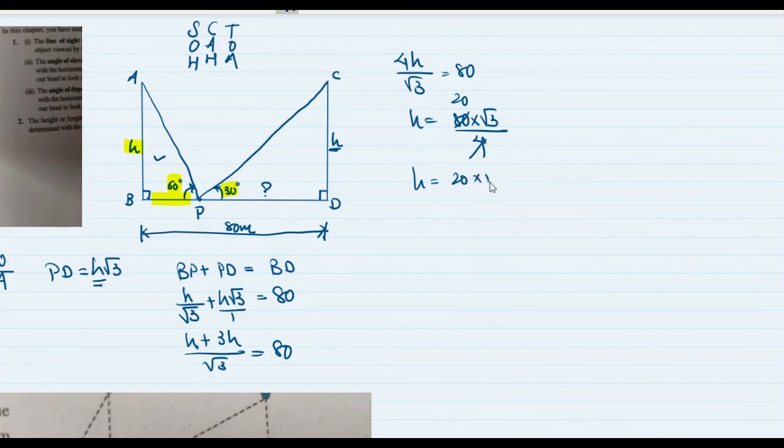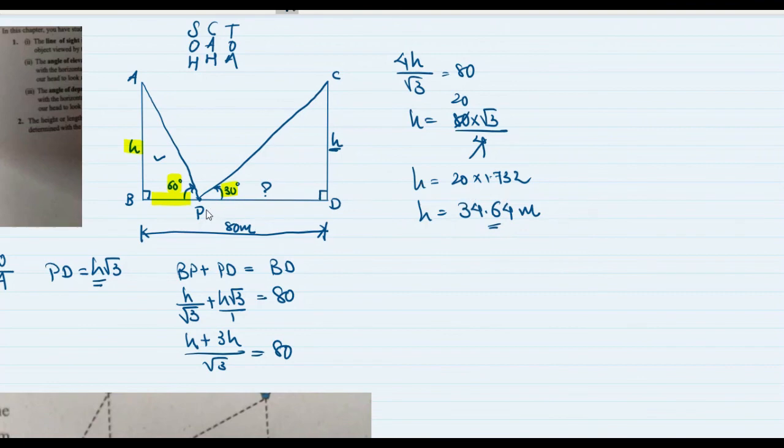So 20 times 1.732. I'm sure you are aware that you have to put the value of root 3 correct up to 3 decimal places. And then 17.32 times 2, that is 34.64 meter. This is the height of the tower, of the towers AB and CD.